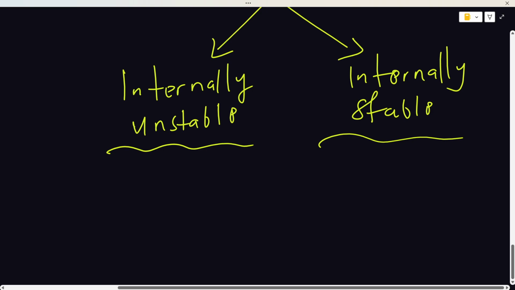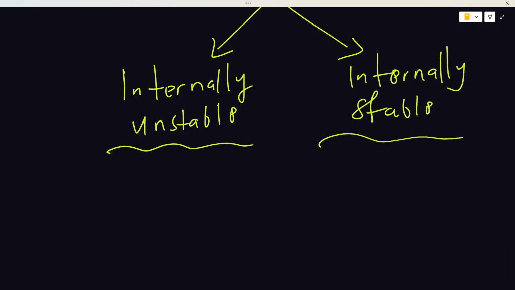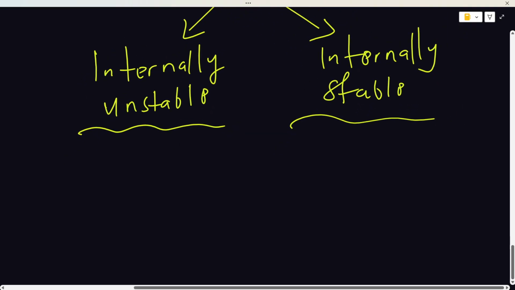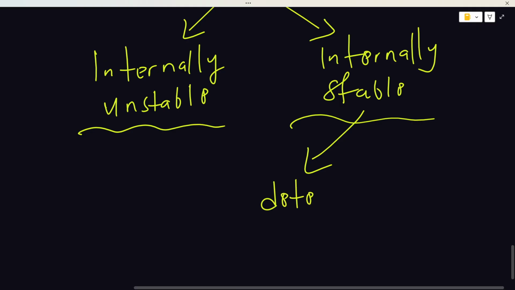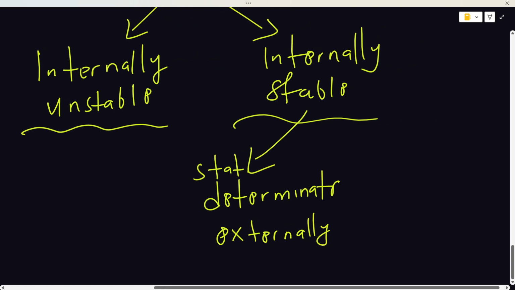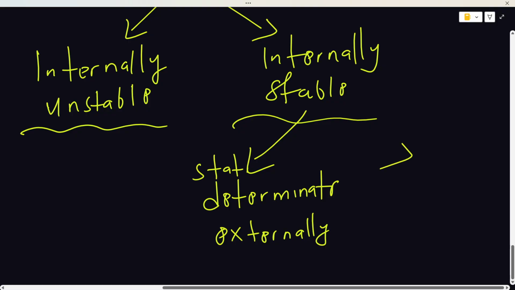The first thing when you see a structure is to identify whether it is an internally stable structure or an internally unstable structure. Regardless of its kind, you can now further classify it into being statically determinate externally and indeterminate externally.